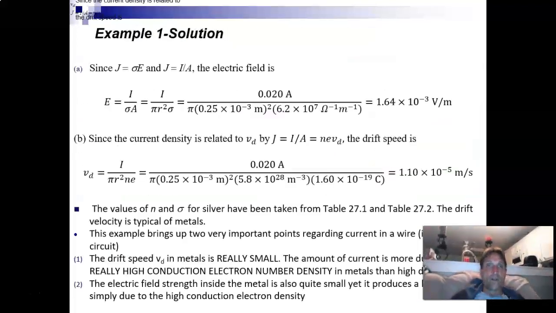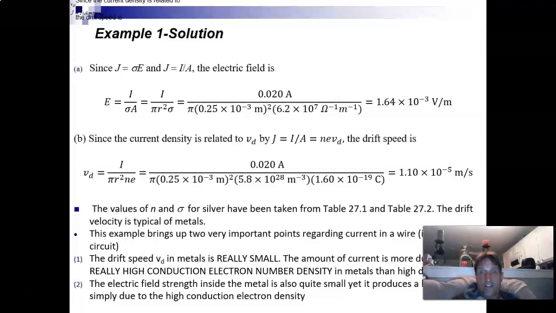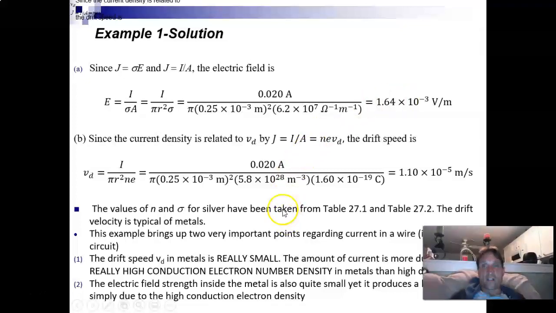The second point is that this electric field that's pushing the electrons through is pretty small. We calculated much bigger values in the last few chapters. Again, it doesn't take a large electric field to get a fairly high current, because we have so many electrons slowly migrating from left to right that even a small field that gets them to drift can give an appreciable current.